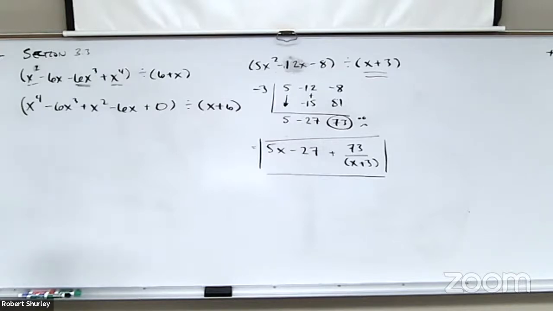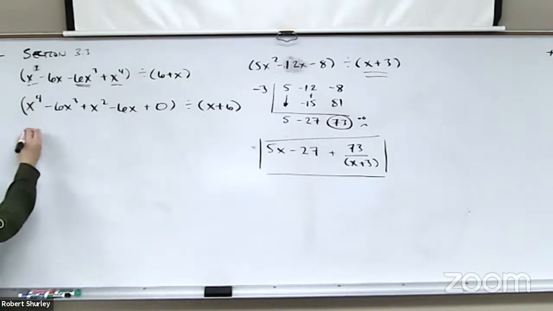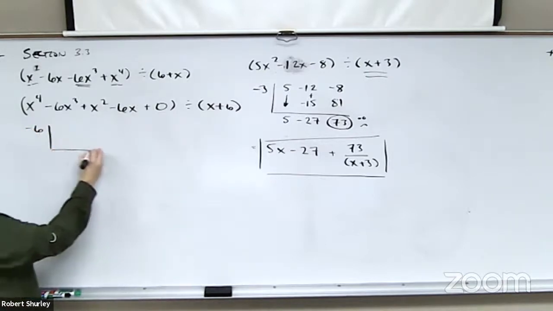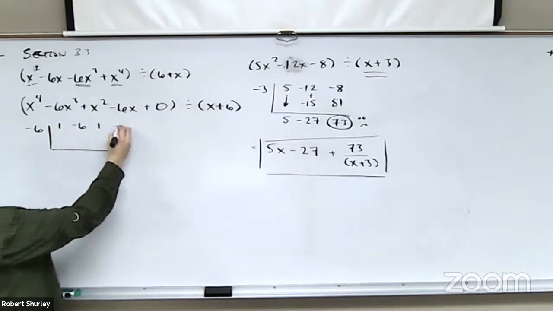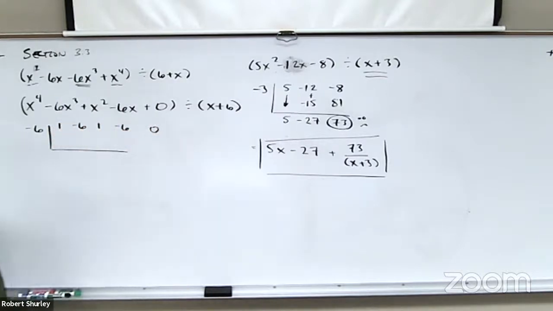Whew. So now let's divide this out. Actually, you guys try this one. We'd have a 1, a -6, a 1, -6, and 0.